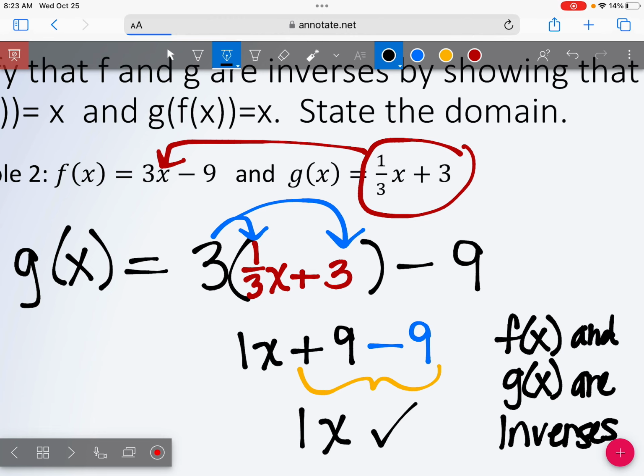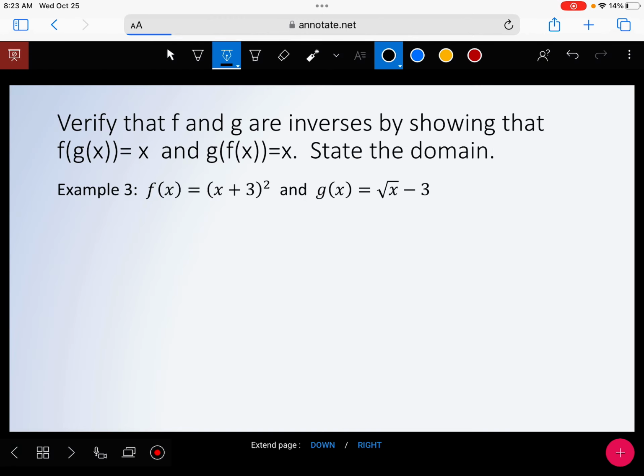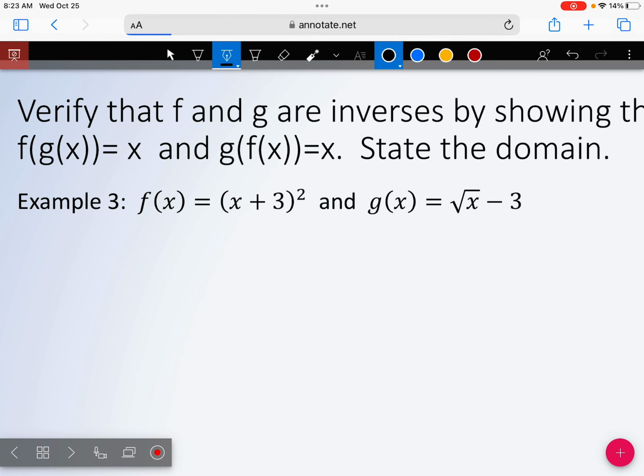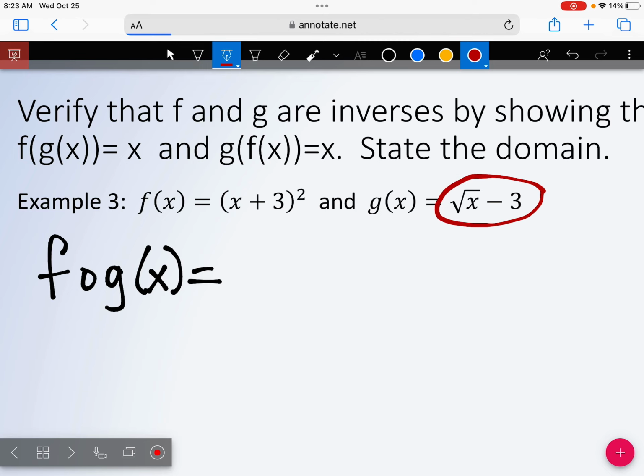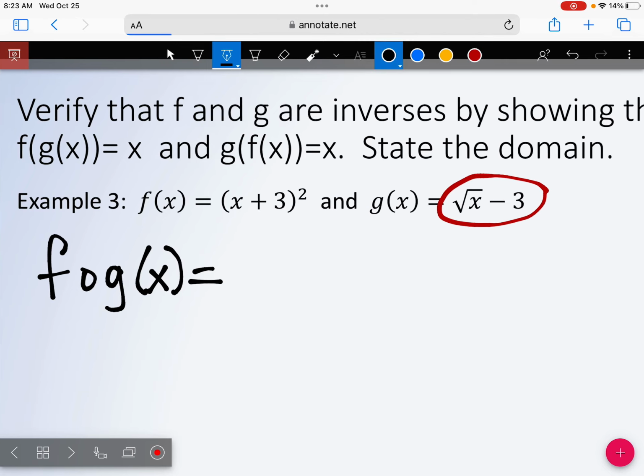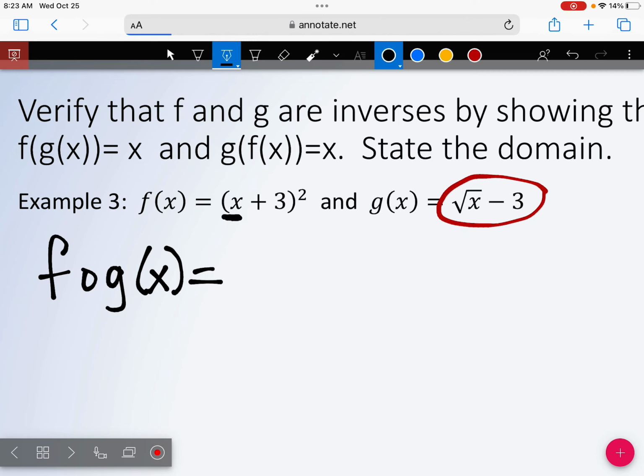All right, let's look at example 3. Again, we're going to figure out if they're inverses. So I'm going to find f of g. Before I move it, I'm just going to rewrite this function, and I'm putting parentheses where there's an x. So I'm literally just rewriting it and putting parentheses where I have highlighted in yellow.